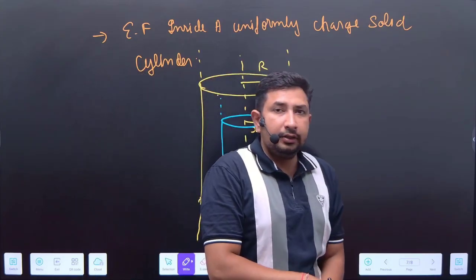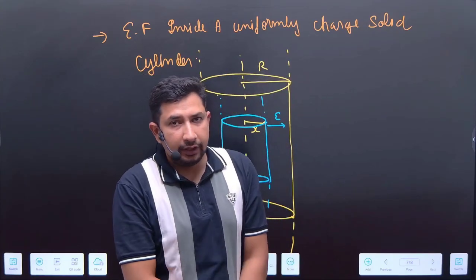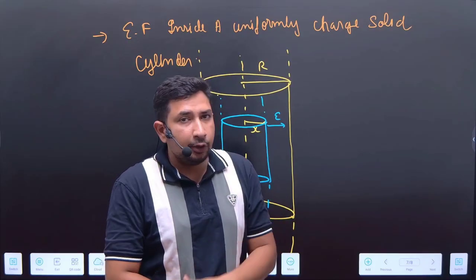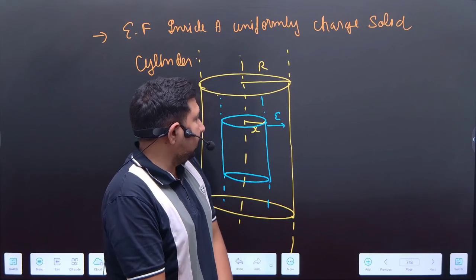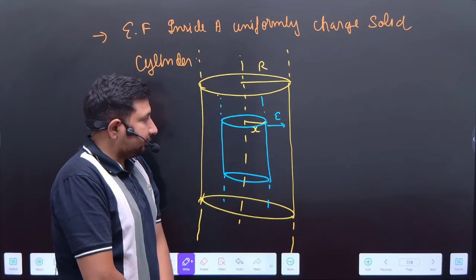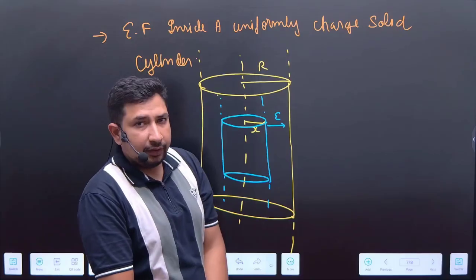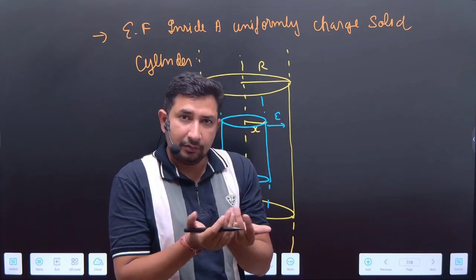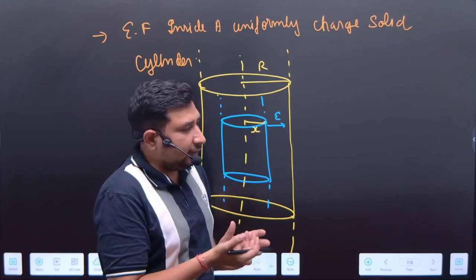So there are a few conditions which are valid over here. First is the electrical field is perpendicular to the surface. Yes, the electrical field is perpendicular to the surface over here. Second is the electrical field should be uniform everywhere, throughout this entire Gaussian cylinder. Yes, it is uniform, right? So then we can apply Gauss law.